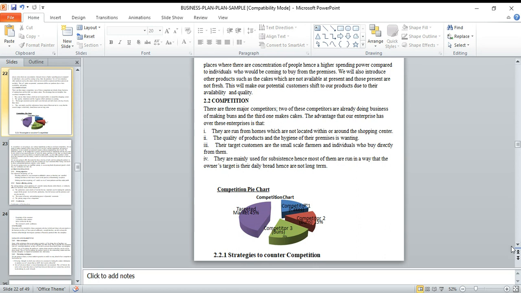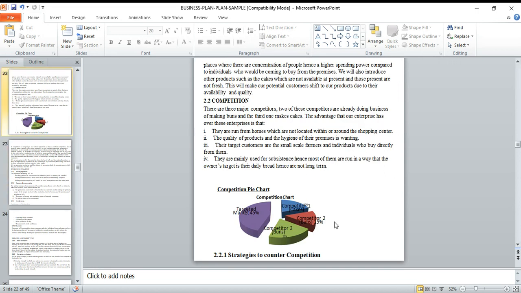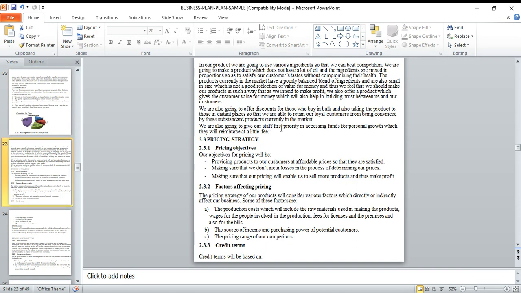So after listing the competitors, we will have 2.2.1, strategy to encounter the competition. So you can see in our product, we are going to use various ingredients so that we can beat the competition. That's one way.